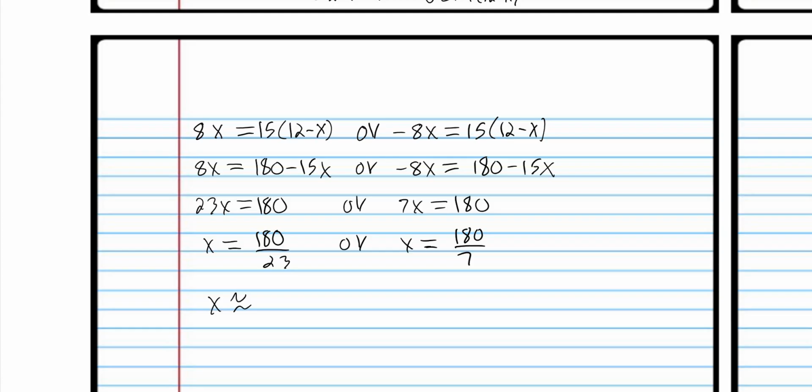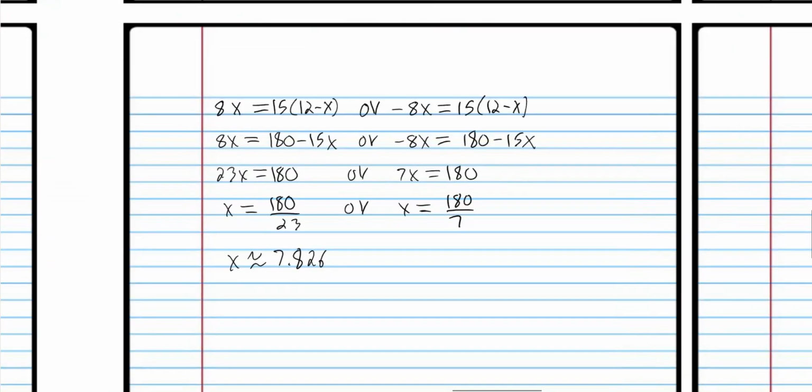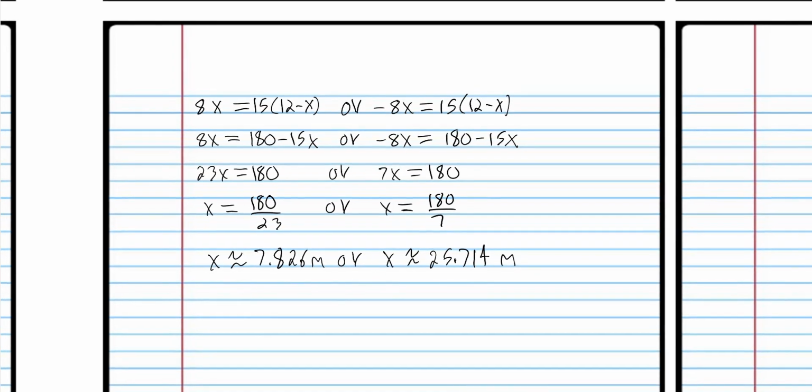So 180 divided by 23 is approximately 7.826, and the units are meters. And over here we have approximately 25.714 meters. Okay.